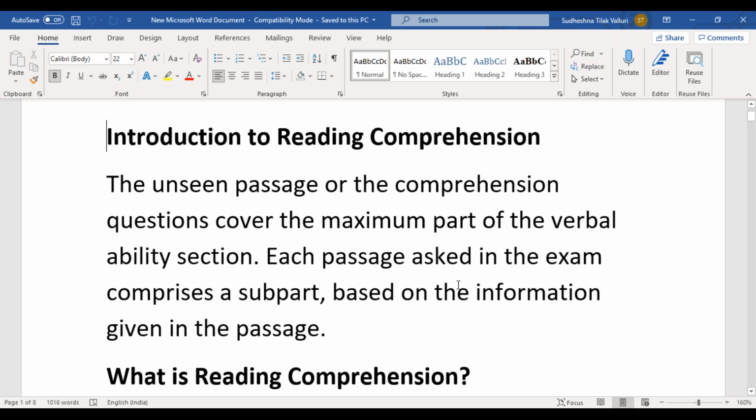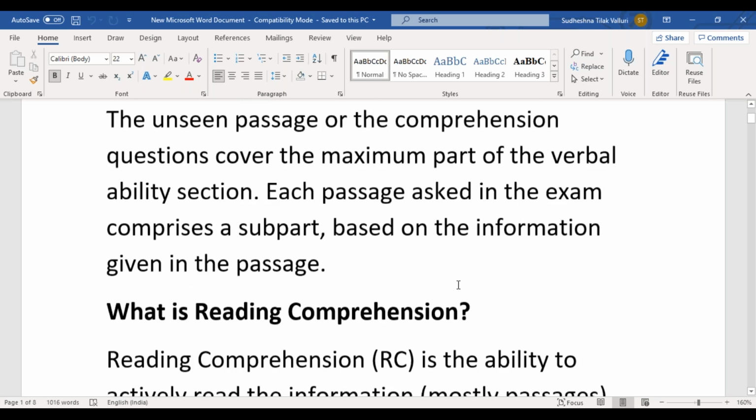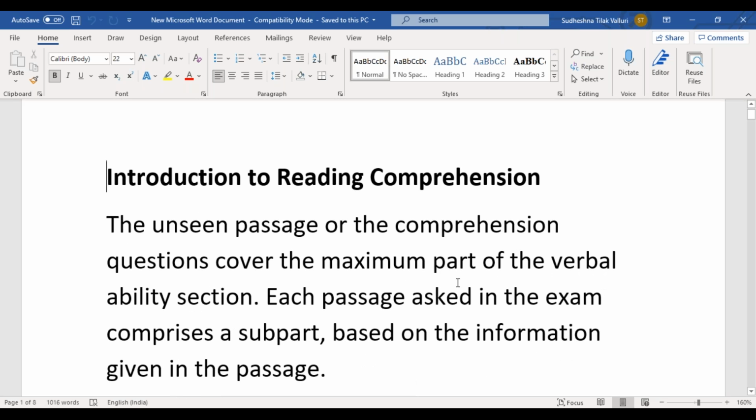The unseen passage or the comprehension questions cover the maximum part of the verbal ability section. So first of all, just tell me what is comprehension. Then we will understand reading comprehension.